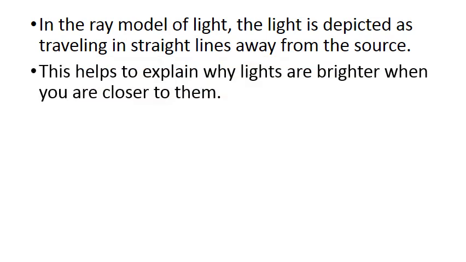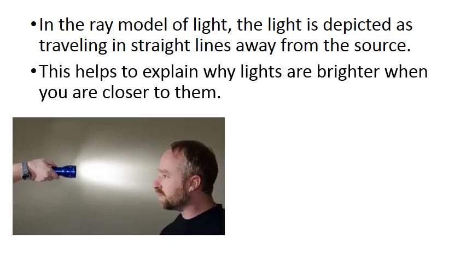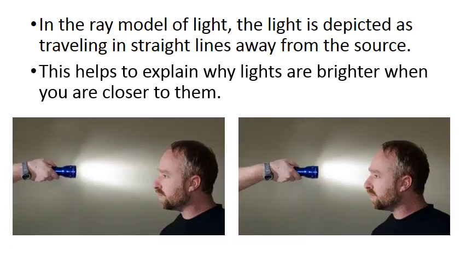And the ray model of light helps us to understand why lights are brighter when you're closer to them. So take a look at these two pictures. In the second one, the flashlight's a lot closer to my face. In the first one, if we draw in some light rays coming off of that flashlight, they're hitting me there in the face. In the second one, though, you'll see that more of them actually hit me.